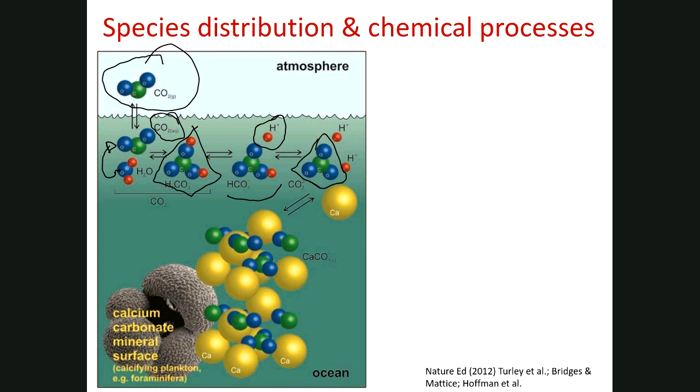If you imagine your carbonate anion, and there are some calcium 2+ ions in that ocean, the calcium ions are capable of reacting with the carbonate anions and forming calcium carbonate. Calcium carbonate is insoluble and precipitates and can form a mineral structure.